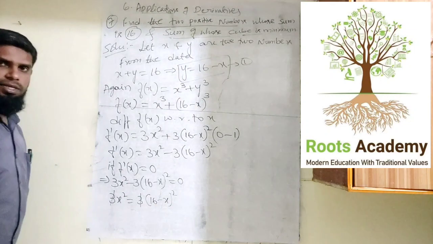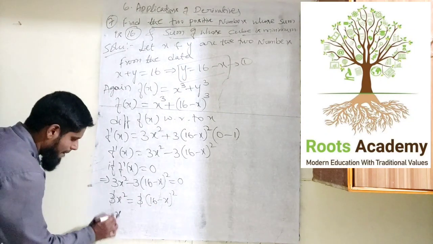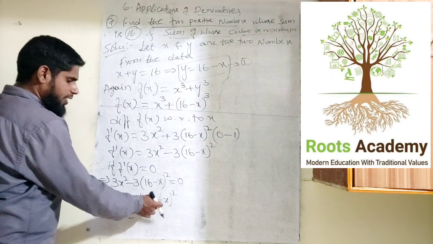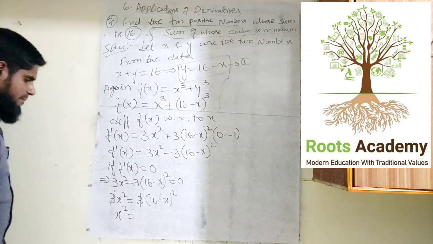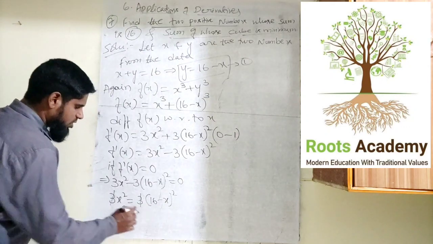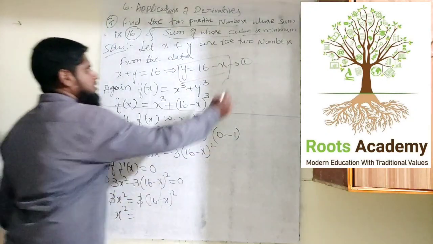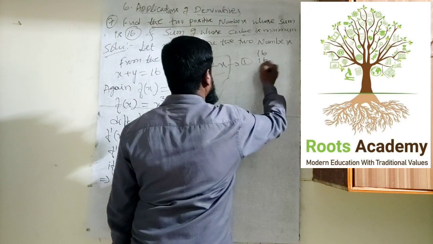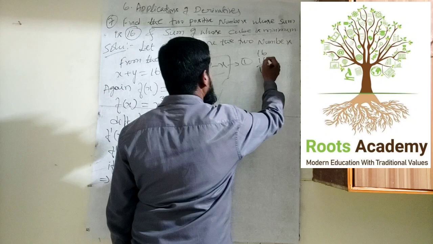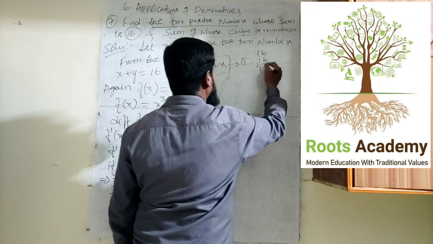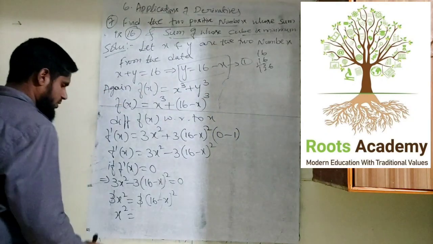This 3 and this 3 get cancelled. x square is equal to, let us take the (a minus b) whole square formula here. So it is 16 square. 16 square is how much? It is 256.